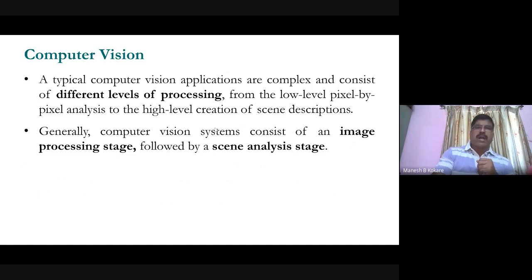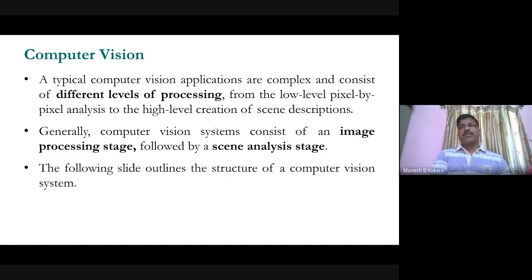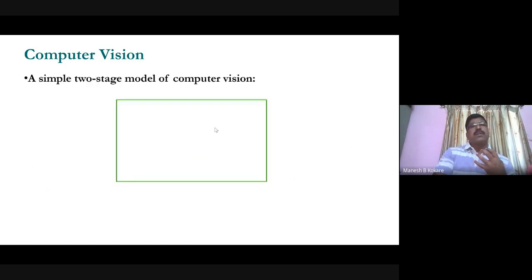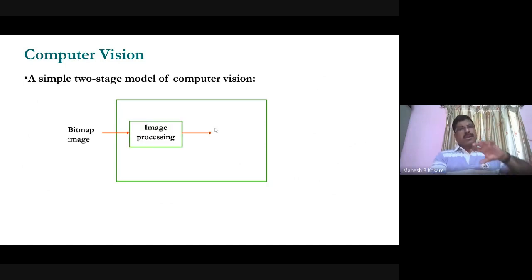Let us look at the structure of computer vision. It is very simple, there are two stages. First is the image processing stage, where you have the bitmap image as input and you have to process it. This is called the early vision system, so that you can infer the correct information.